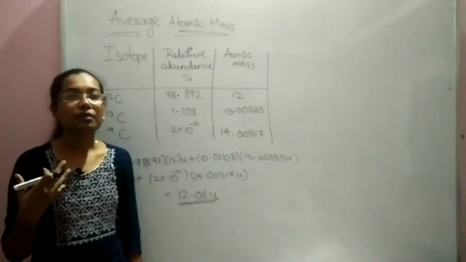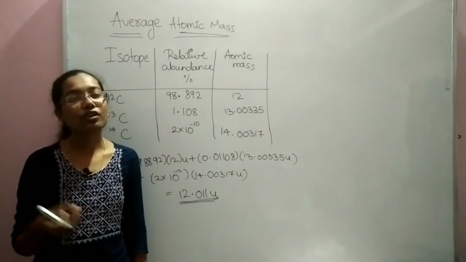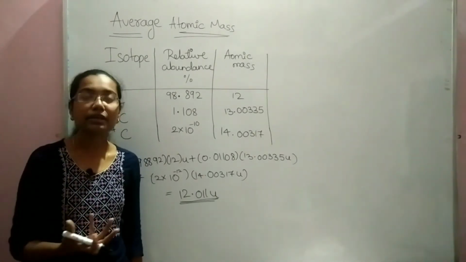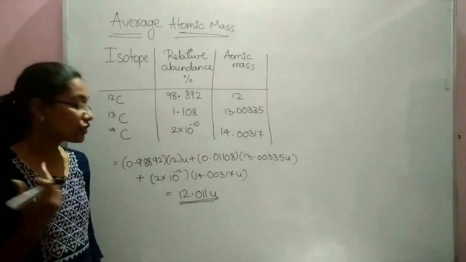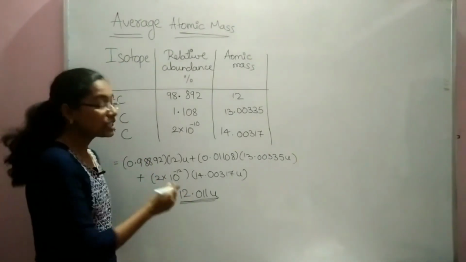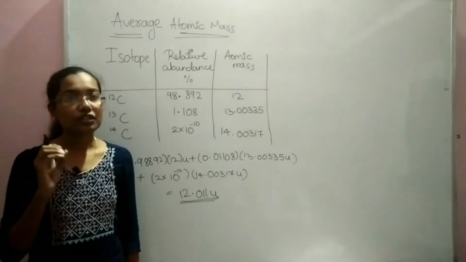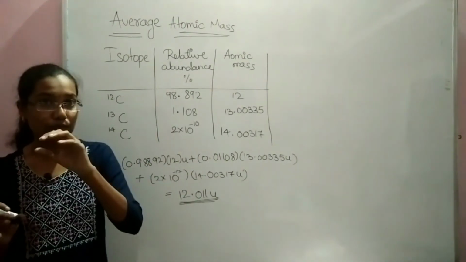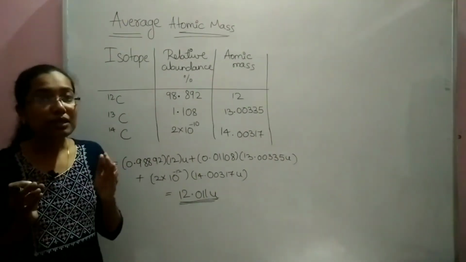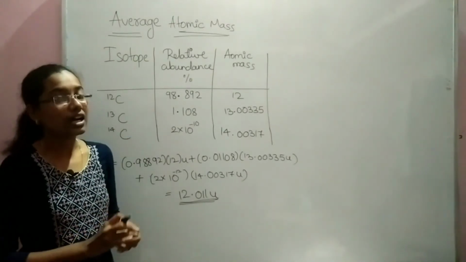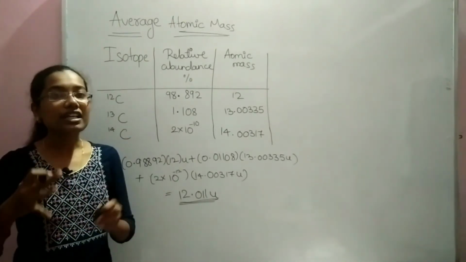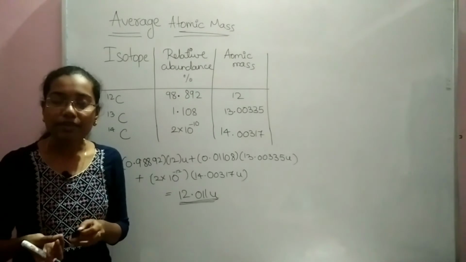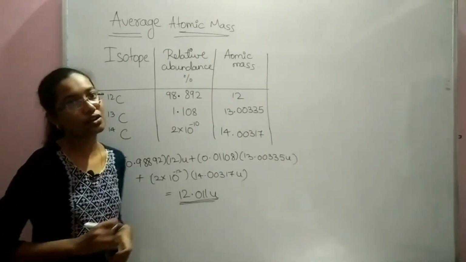So from now, if anyone asks you what is the atomic mass of carbon, you should tell them it is 12.011, not 12. 12 is the atomic mass of the C12 isotope and 13 is the atomic mass of the C13 isotope. So in general, the atomic mass of carbon is 12.011.